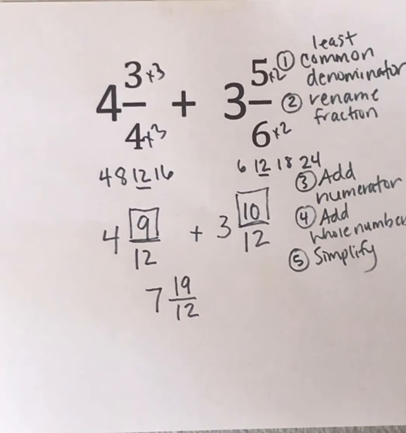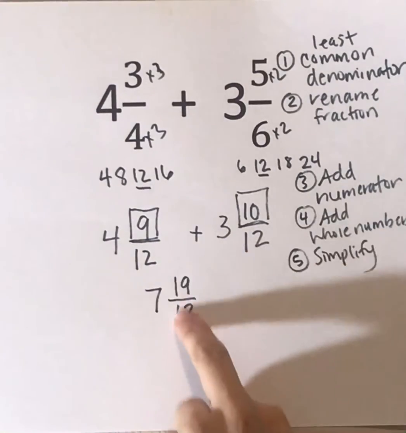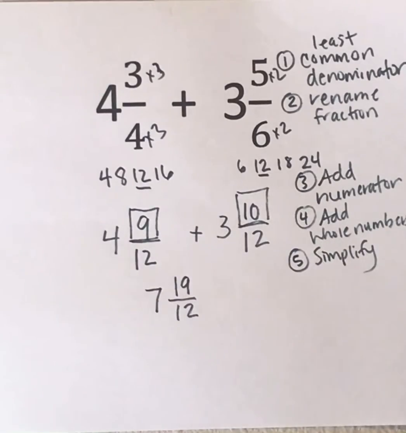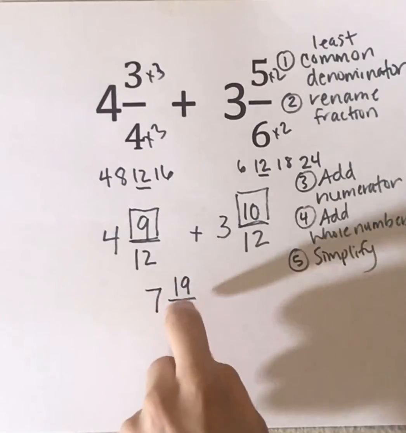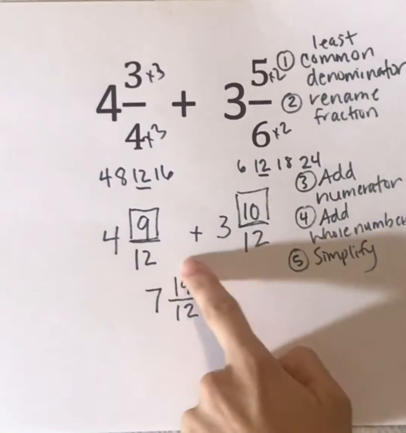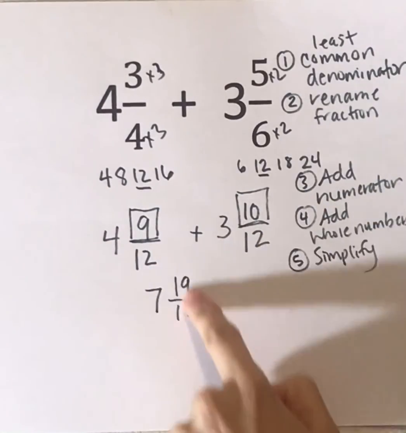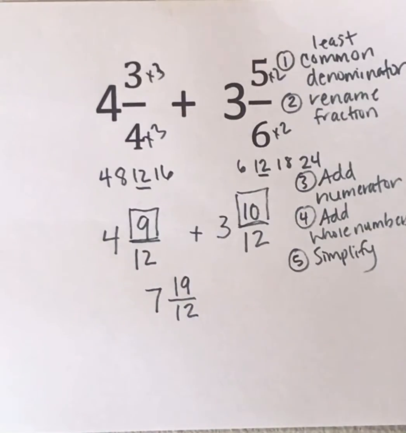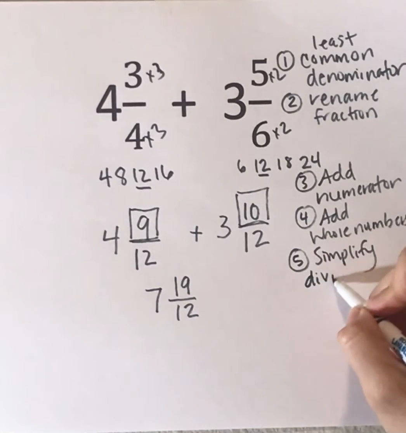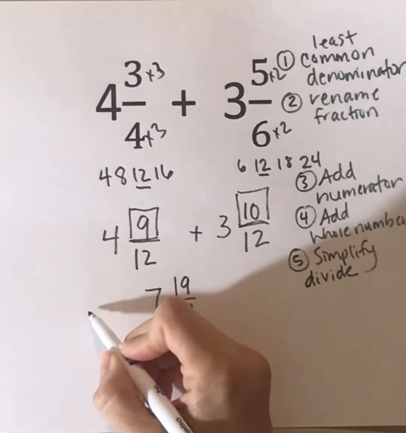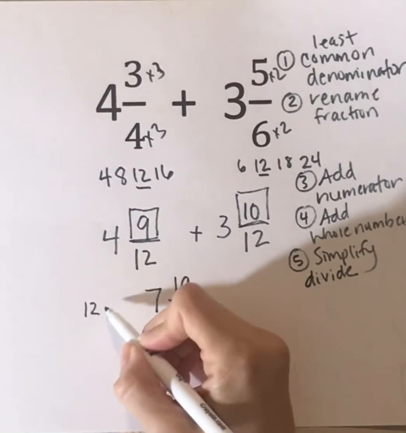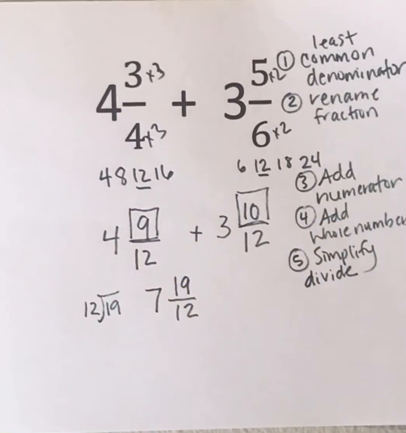To simplify, well, this is what we call an improper fraction. An improper fraction means that the top is bigger than the bottom. So we need to fix that, and we're going to make that into a mixed number. The way that we do that is we divide. So for example, we're going to do 19 divided by 12.